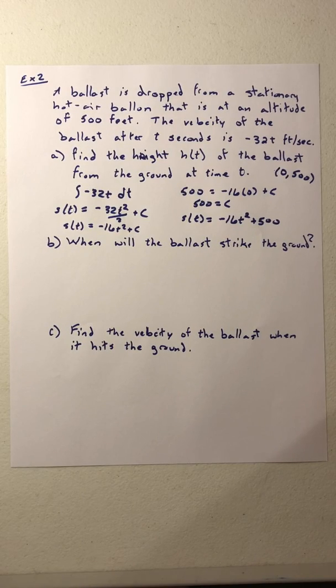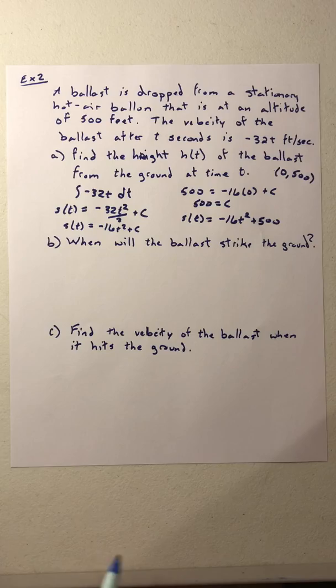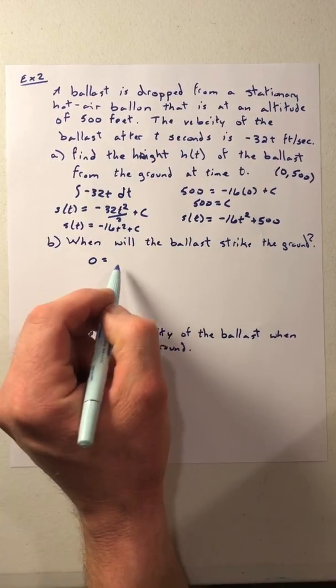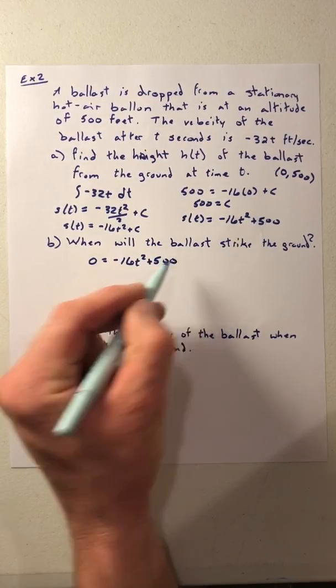Now the question is, when will the ballast strike the ground? I know the position at any given time is negative 16t squared plus 500. What do I know about the height when the ballast strikes the ground? I know the height will be 0. So 0 is going to equal negative 16t squared plus 500.